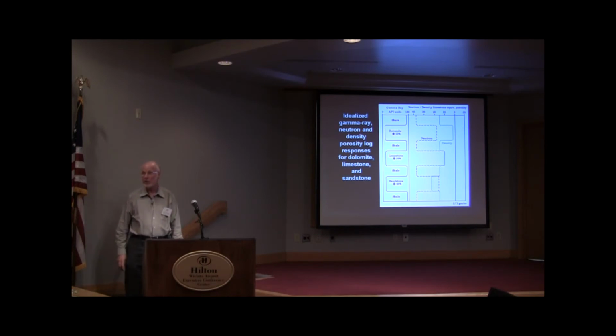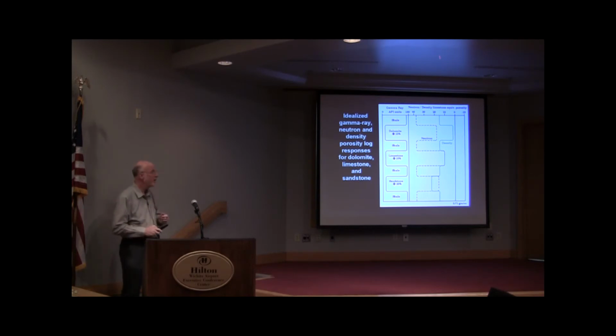And that's always been the nuisance. For example, if you look up here, you can see they are scaled with respect to limestone. On the other hand, we could have it scaled with respect to sandstone or dolomite. So there would be an issue if you're going to use simply a density curve or a neutron curve by itself, you have to say, what is the geology that I'm looking at?